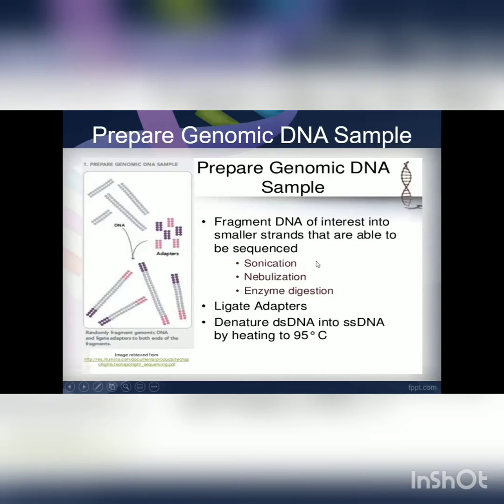Sonication is through sound, nebulization is a fine mist, and then adapters are ligated to the ends of these fragments. Then you would have to denature the double-stranded DNA into single-stranded DNA by heating it to 95 degrees Celsius.